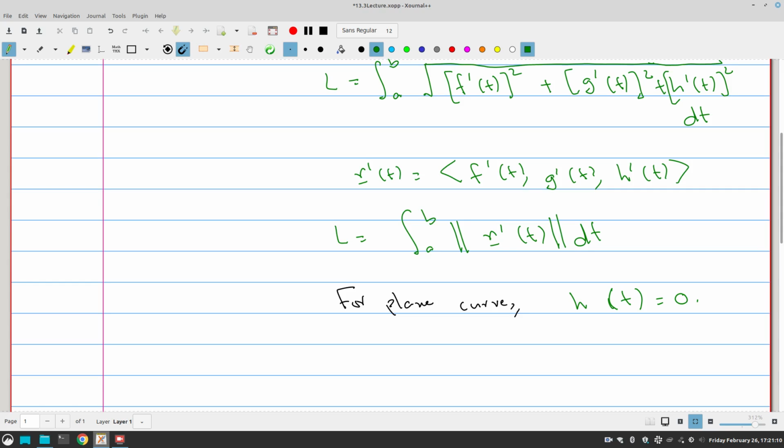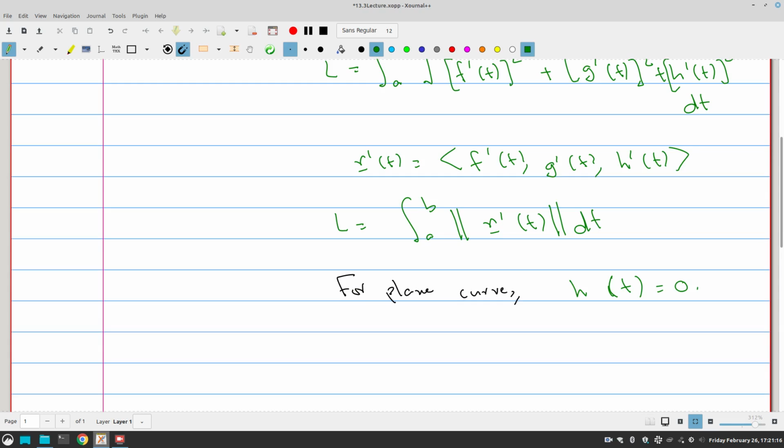So for example, this is example 1: if you have a curve that has the vector equation r(t) = <cosine t, sine t, t>, and you want to find the length of the curve from (1, 0, 0) to (1, 0, 2π).